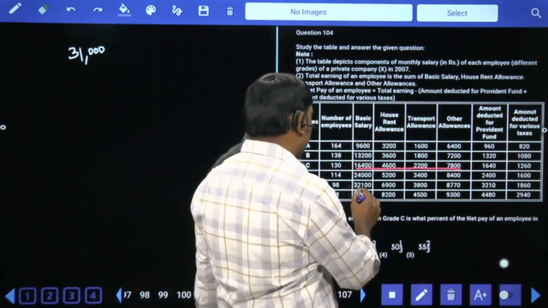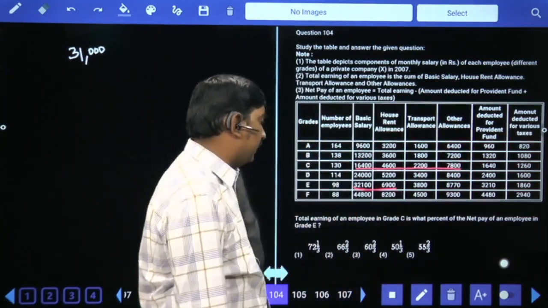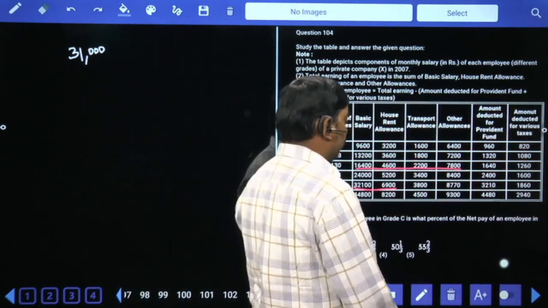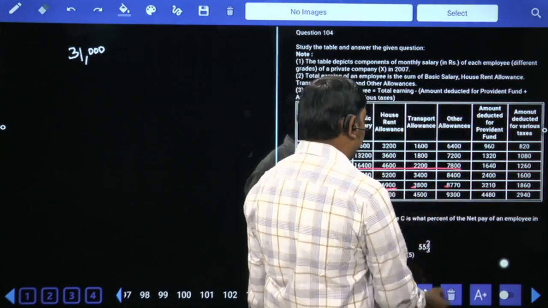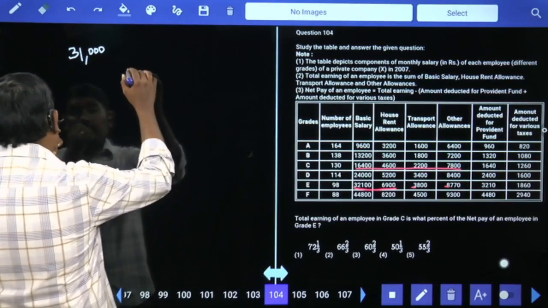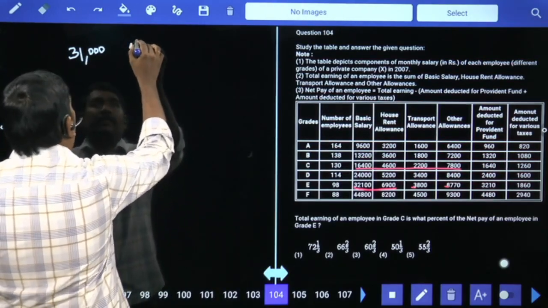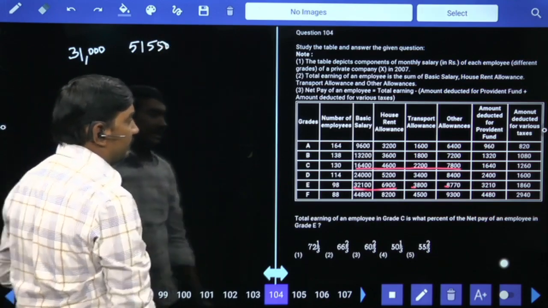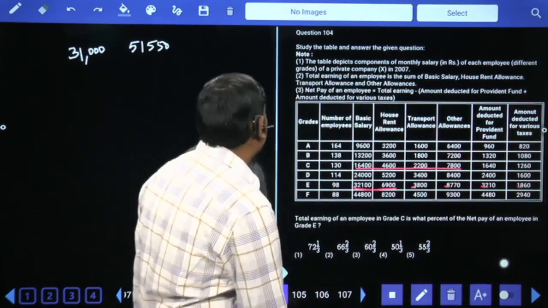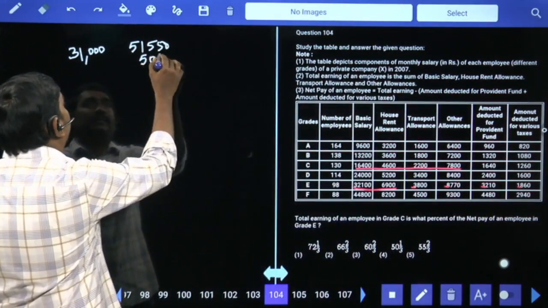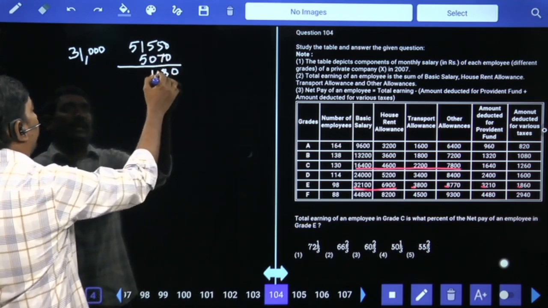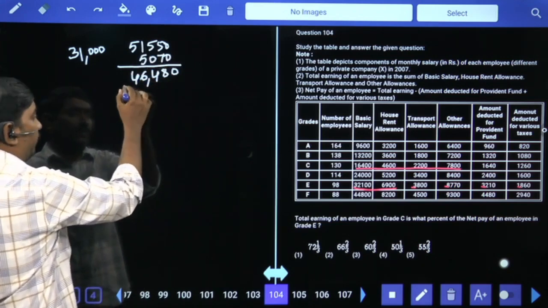Grade E: 32,100 plus 6,900, 39,000. 39,000, 42,000, 50,000, 800, 750, 1550, 51,550 minus deductions 5,070. 46,480.